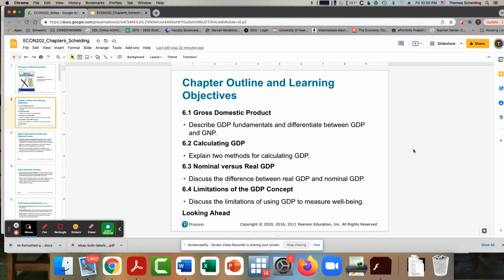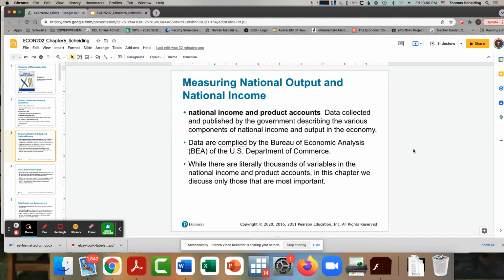Okay, I'm just going to skip over the objectives here. All of this is data that's collected by the Bureau of Economic Analysis, a government agency, and they basically just look at everything that's produced and count those things.